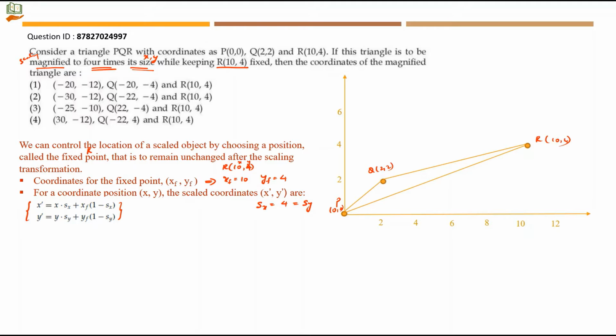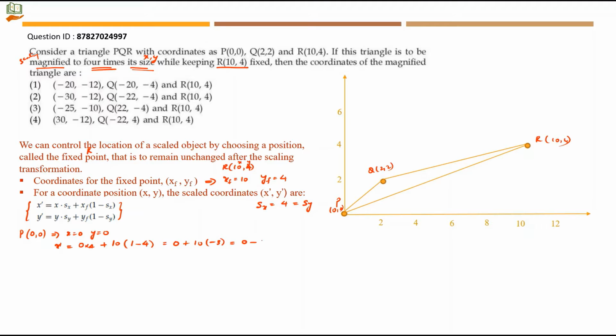Let's start with the coordinate P. P has (0, 0) as its coordinate, so we can take x equal to 0 and y equal to 0. Now we have to find x'. x' is equal to x times Sx, the value is 4, plus xf times (1 minus Sx). We have found xf to be 10 and yf to be 4 from our coordinates. So 0 times 4 gives 0, plus 10 times (1 minus 4), which is minus 3.